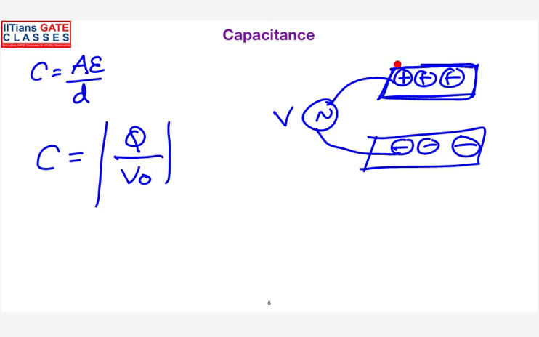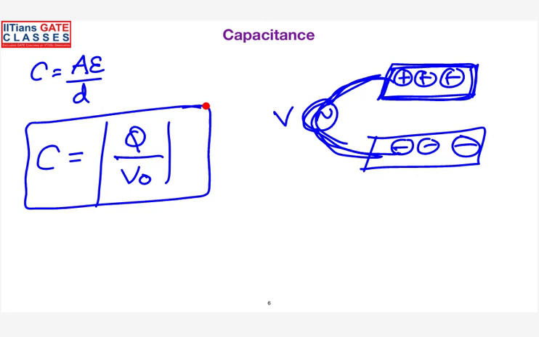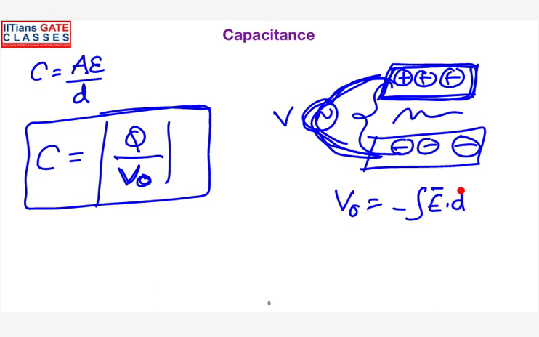We know how to find the potential difference if we know the electric field intensity: it can be found by integrating the electric field intensity from one plate to the other plate. We will apply this formula to define the capacitance for different configurations.